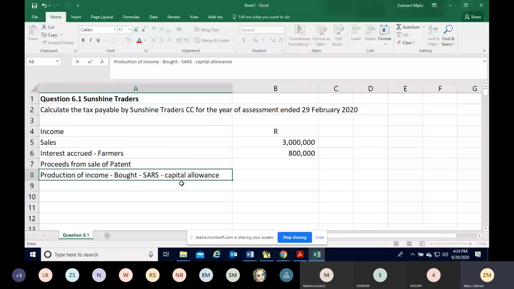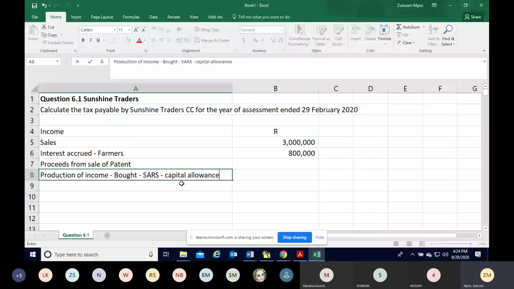Because when I provided you the capital allowance, the intention of you buying the asset was for the production of income. So you were never buying it to resell it back to the market when you see that there is a demand for it. So you were buying it mainly for production of income.